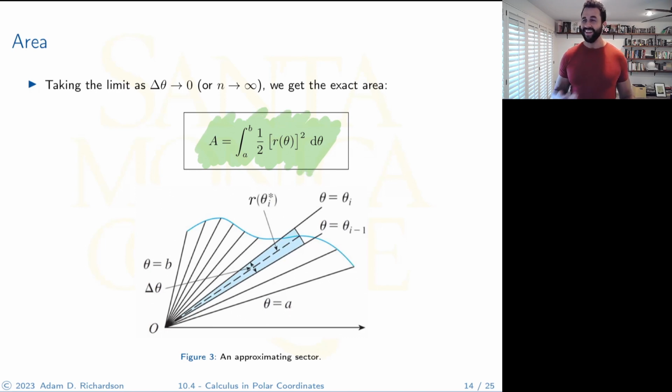So this is the area formula for a polar region. Rather than using f(x) dx like we did in the Cartesian form, this is what we're going to use instead: 1/2 r(θ) squared dθ. So everything's in terms of θ's and r's. And it's just a really beautiful construction, I think.